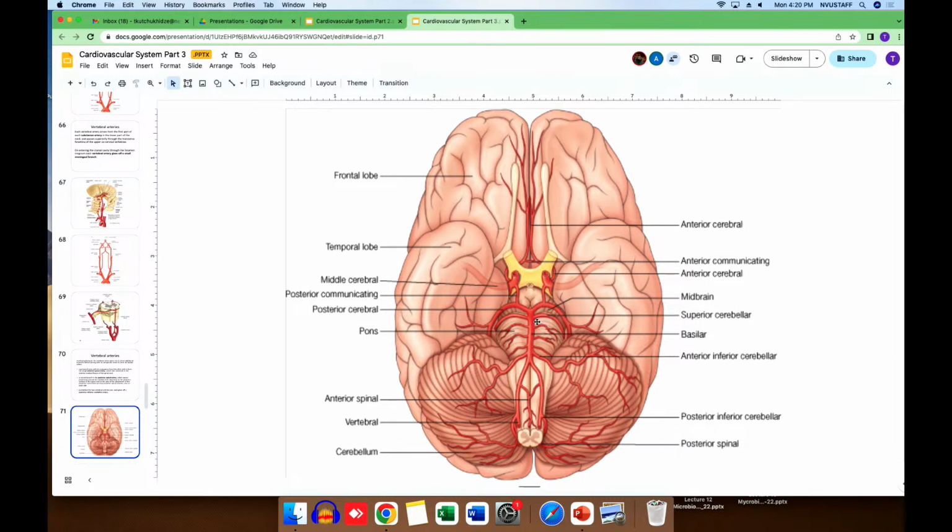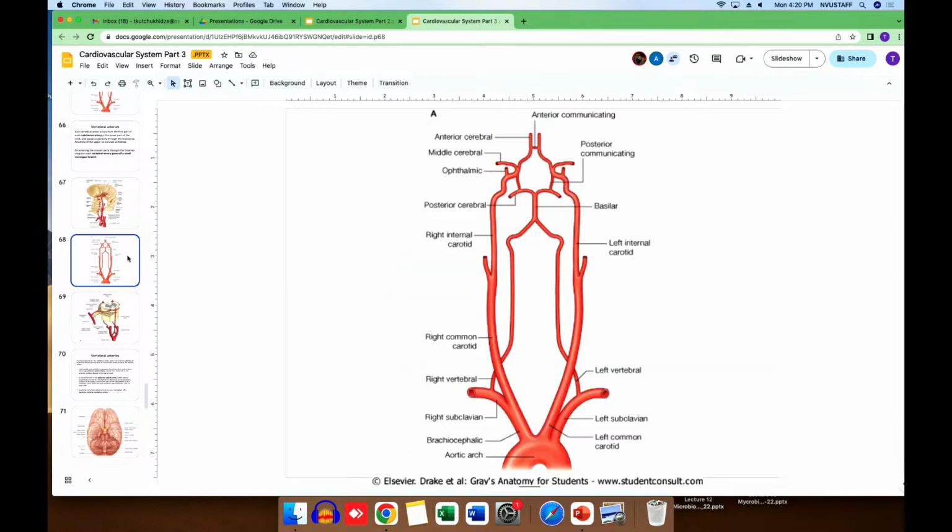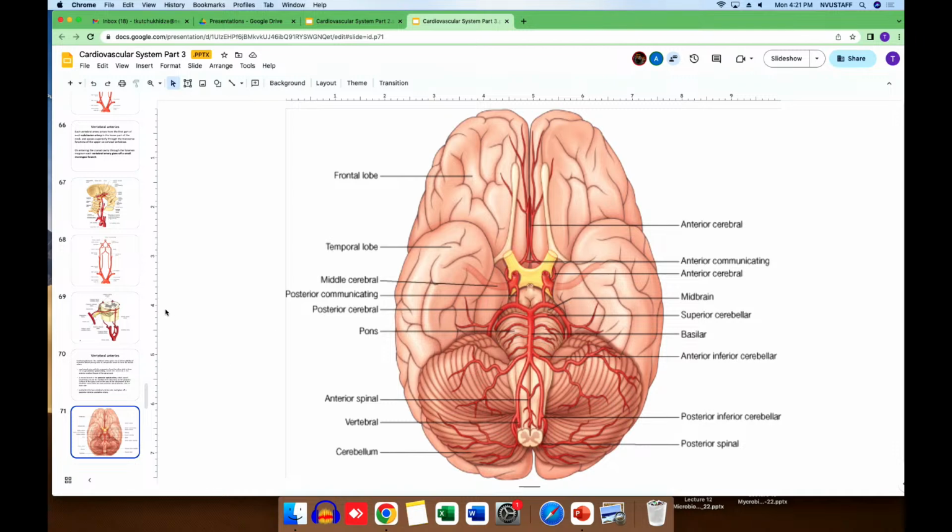After that, we already have the midbrain region, right? And these structures here are called the circle of Willis, and exactly this part here is schematically pointed out, which we will see right now. So one more time to better understand this.